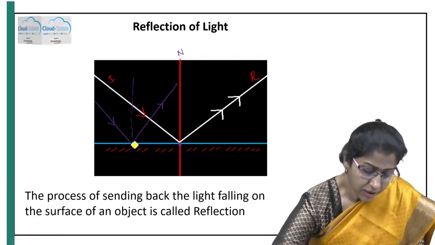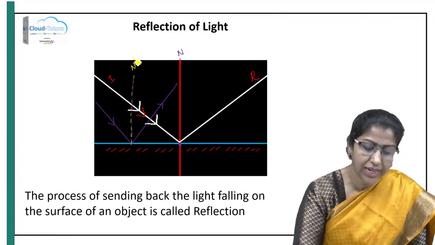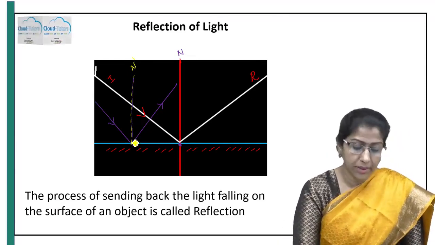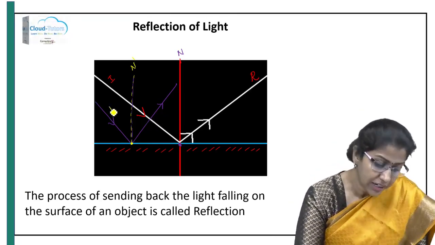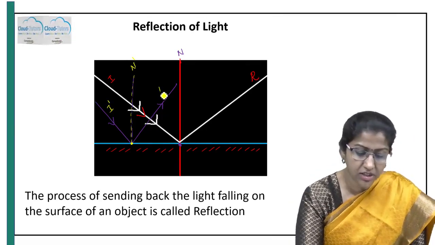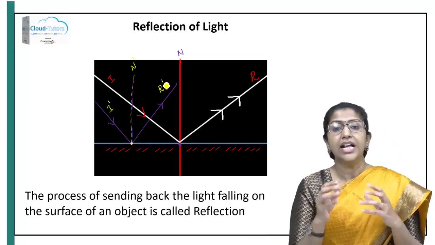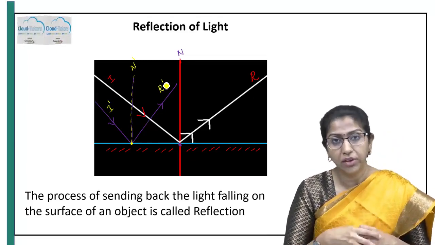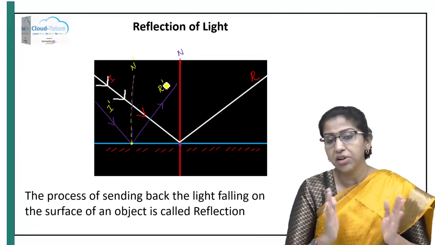Let me make it into another color so you can see it. I call this N dash, which is another normal drawn at the point of incidence, wherein I dash is another incident ray and R dash is another reflected ray. So normal can be drawn at any given point of incidence and always is an imaginary line. It is not a physical ray.